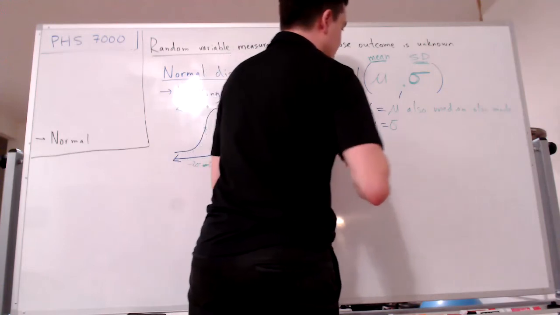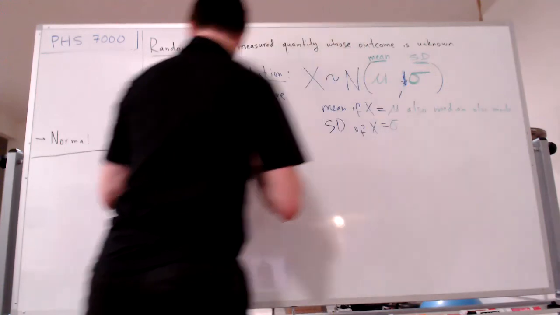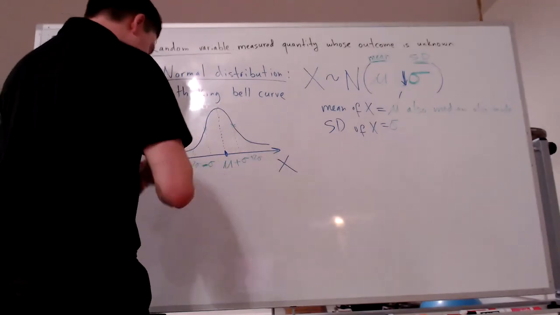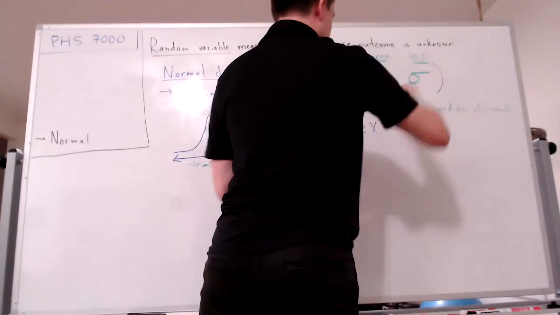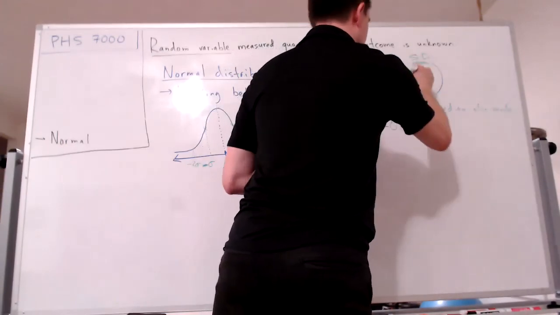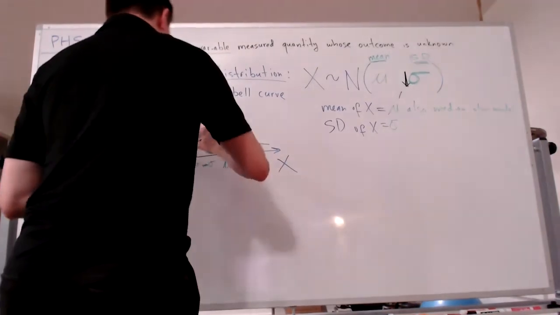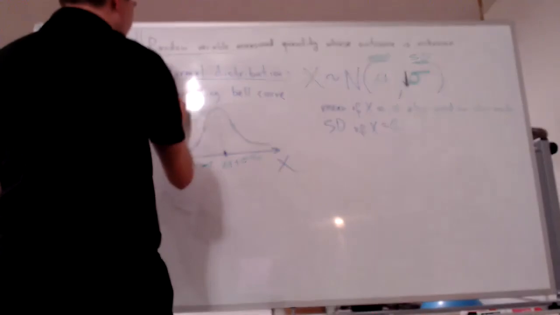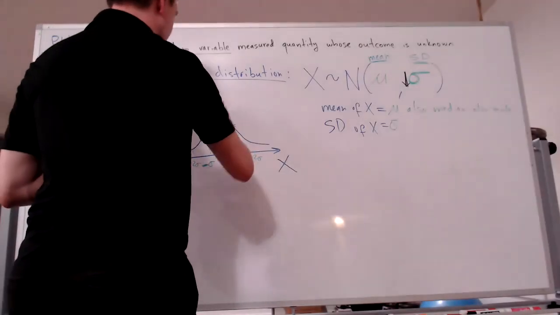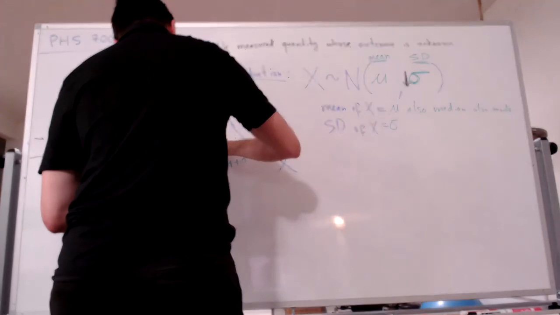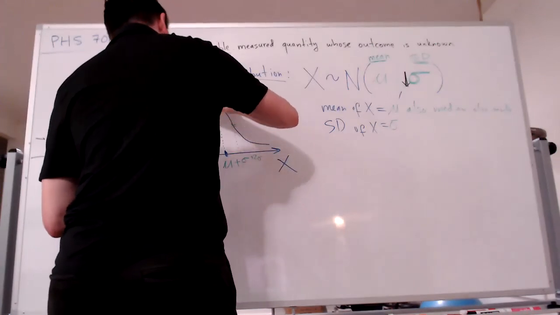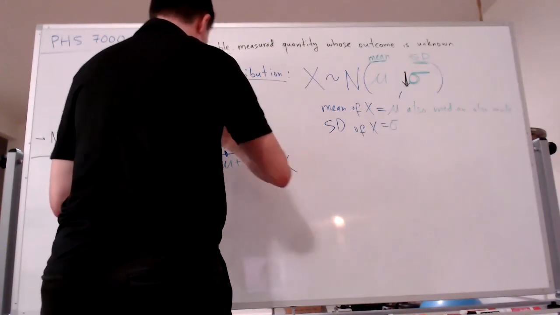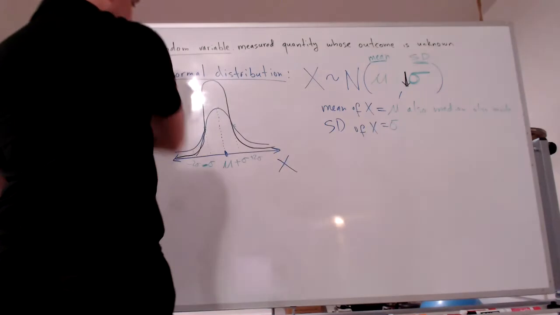So let me draw. I'm going to decrease the variance, but leave the mean alone. If I decrease the variance, I will have less variability, and so a higher peak. More data around the mean.